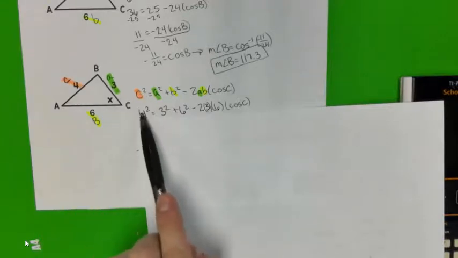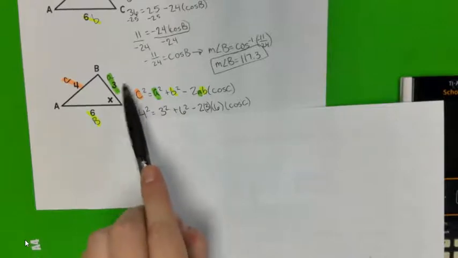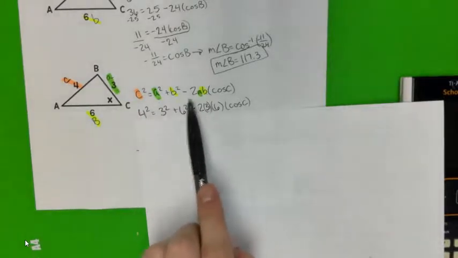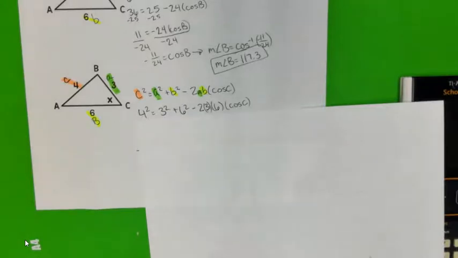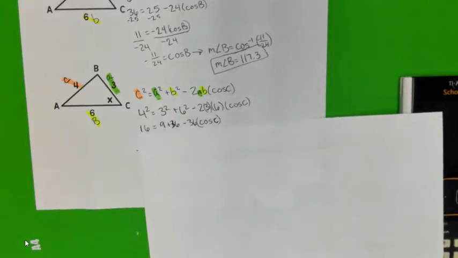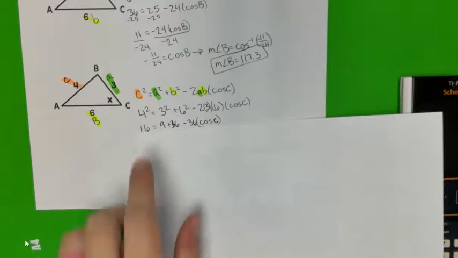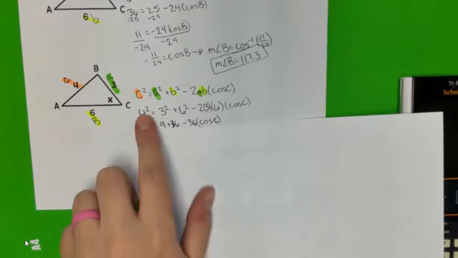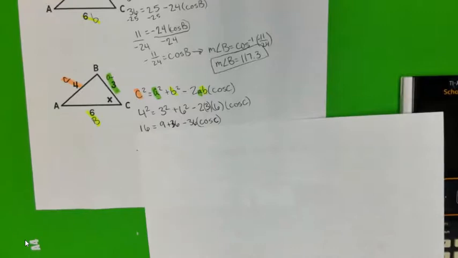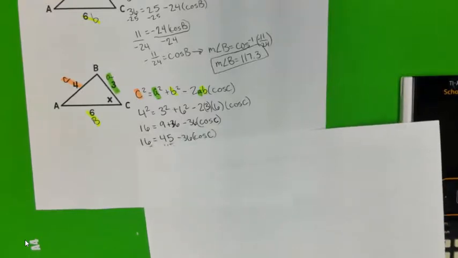So the 4's go where the C's are. 3 go where the A's are. 6 goes where the B's are. And then we are going to go ahead and square all of them. Add the 9 and the 36 together. If I'm going too fast, make sure you realize you can pause this between each step. And then I subtract 45 on both sides.